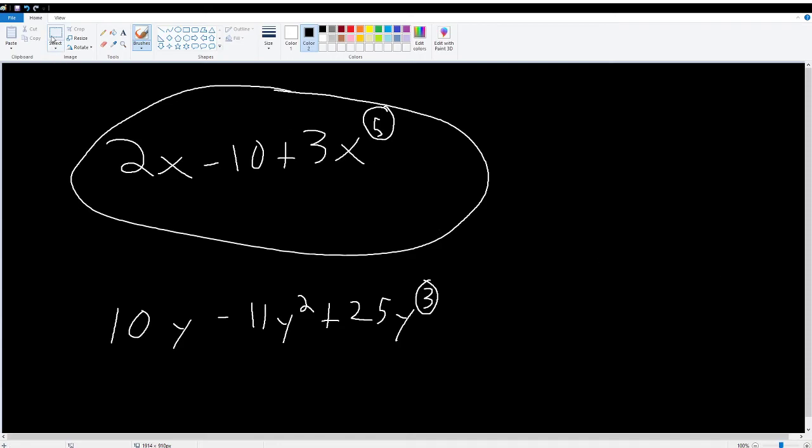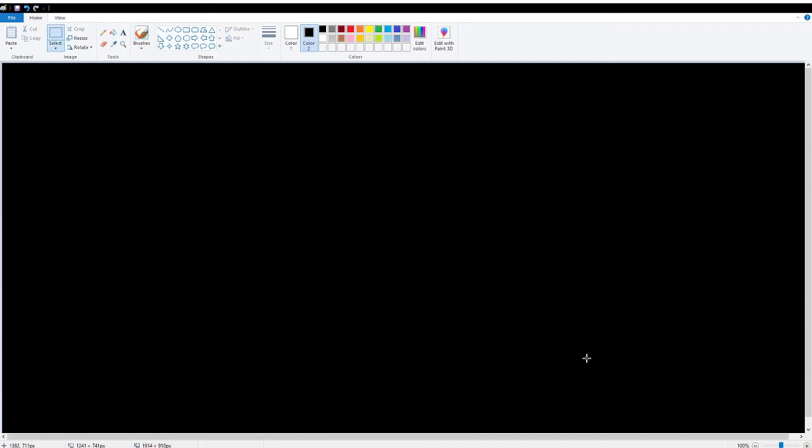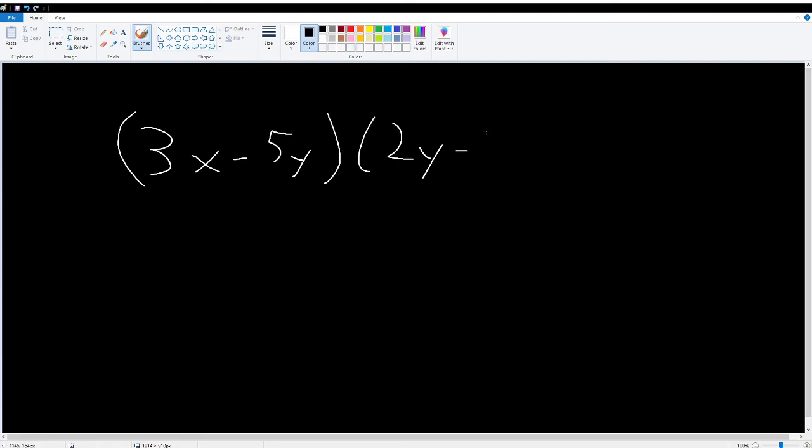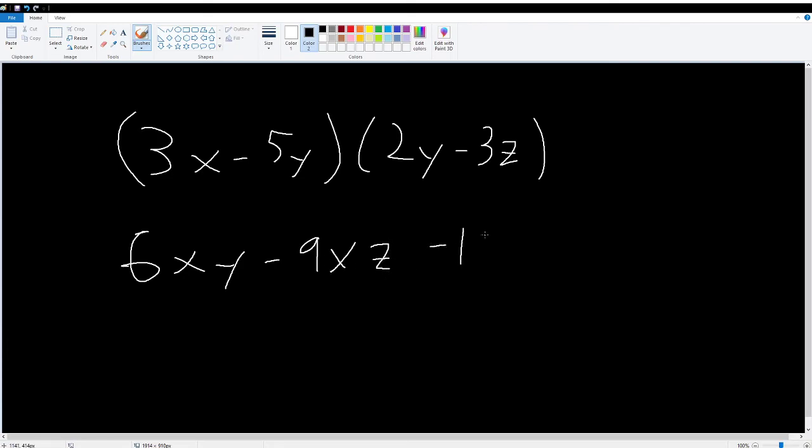And what's so special about polynomials is that we can add, subtract, and multiply polynomials, and we'll get polynomials back. So for example, if I have 3x minus 5y times 2y minus 3z, if we multiply this, we get 6xy minus 9xz minus 10y squared plus 15yz.